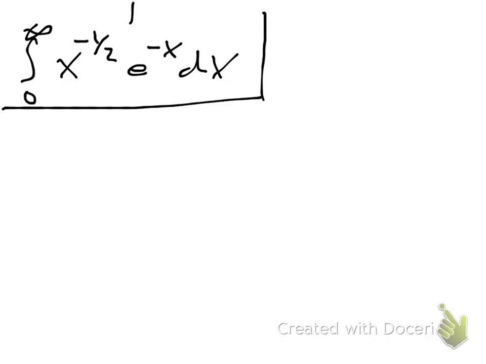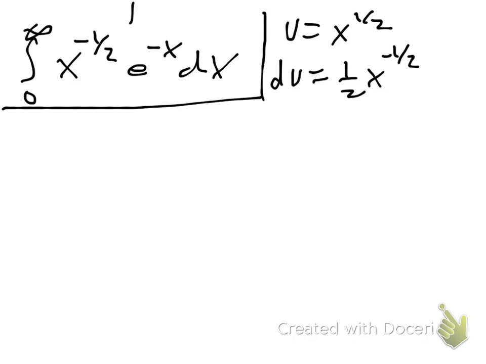We're actually going to do a u substitution because it will help us greatly. So we're going to let u equal x to the 1/2, which would imply that du, taking the derivative with respect to x, du/dx, would give us 1/2 x to the minus 1/2 dx.